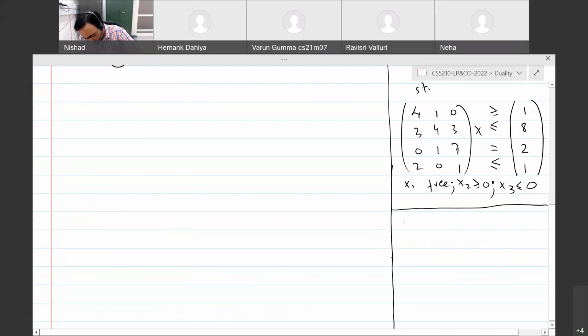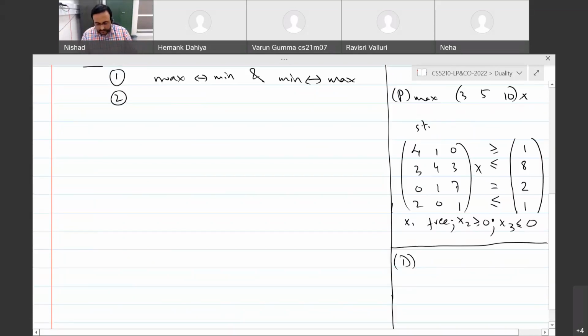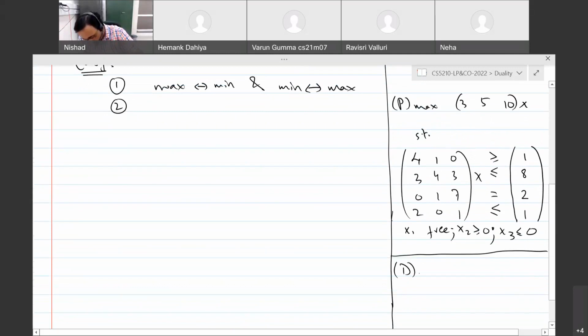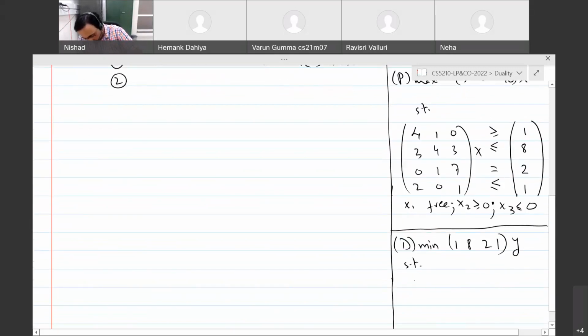So the dual, we already discussed that if the primal is maximization, the dual is a minimization problem. So minimize 1, 8, 2, 1 times a vector y subject to the transpose of this matrix. So what do we get? 4 1 0, 3 4 3, 0 1 7, 2 0 1. We get a y here.